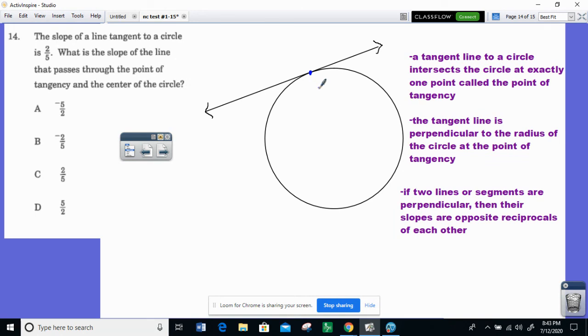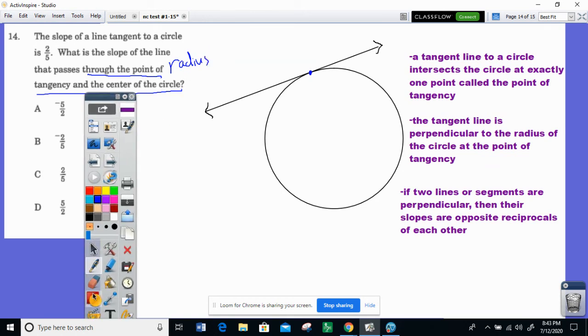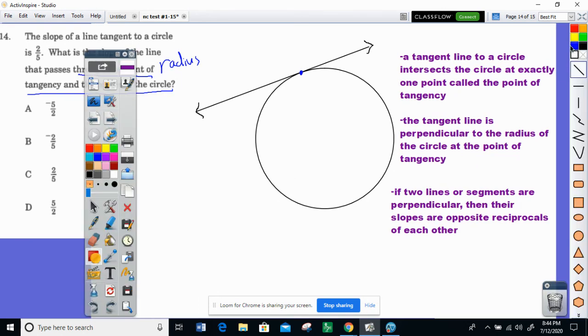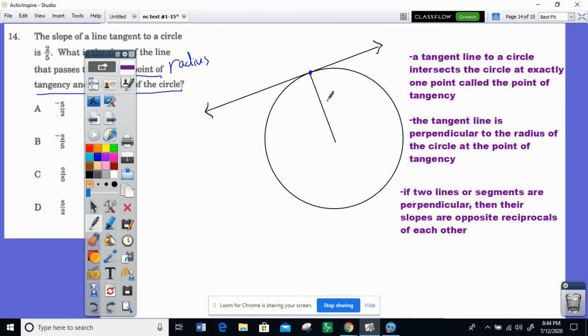All right. So it says the tangent line is perpendicular to the radius of the circle at the point of tangency. So when it talks about the line that passes through the point of tangency and the center of the circle, that's just the radius. That's the radius of the circle, right? The radius goes from the center to the outside edge.